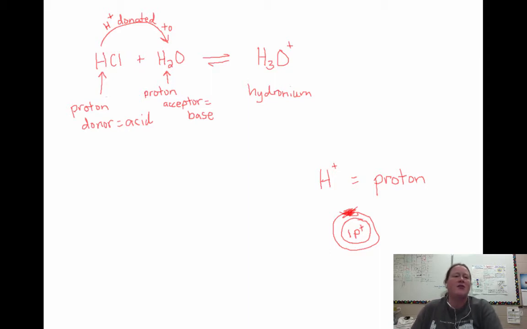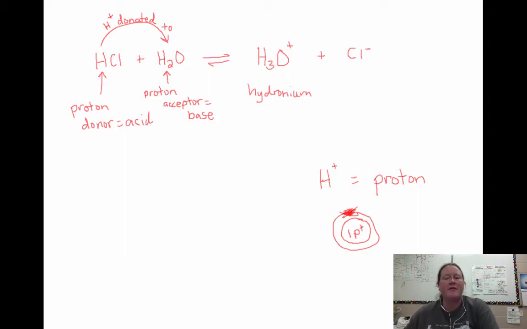All right, so a proton donor is an acid. This acid is donating it to this. Now, when you notice acid-base properties, one of the ways you can recognize an acid is the fact that we're producing this hydronium here. And what it leaves behind is chloride ion. So an excess of hydronium ion in solution leads to acidic properties.